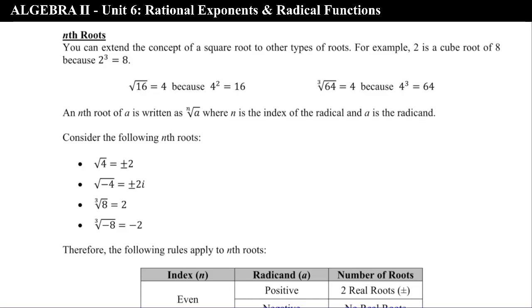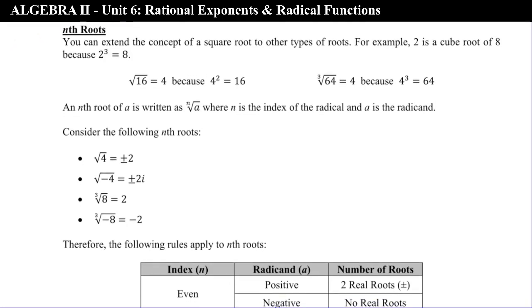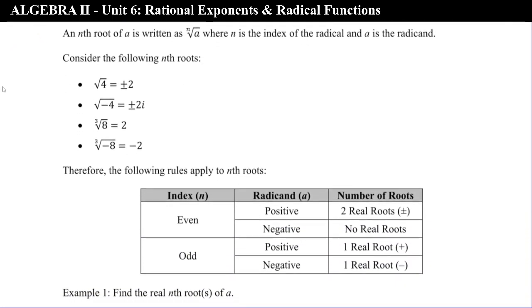So we have two even indexed examples here, your square roots, and two odd indexed examples, your cube roots. The first two are even indexed, and the bottom two are odd indexed. We can extend that to any even or odd index; it will hold all the way through.